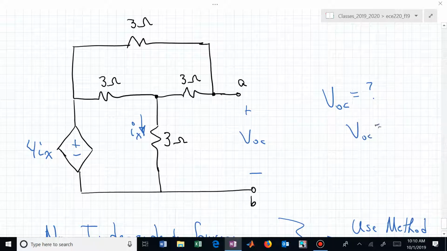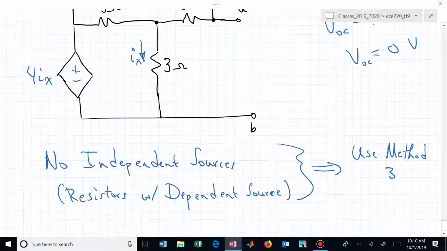No, V open circuit is 0. So our Thevenin voltage in this particular circuit is 0. What we're looking for now is some resistance between A and B with this dependent source. So now let's apply a test source.